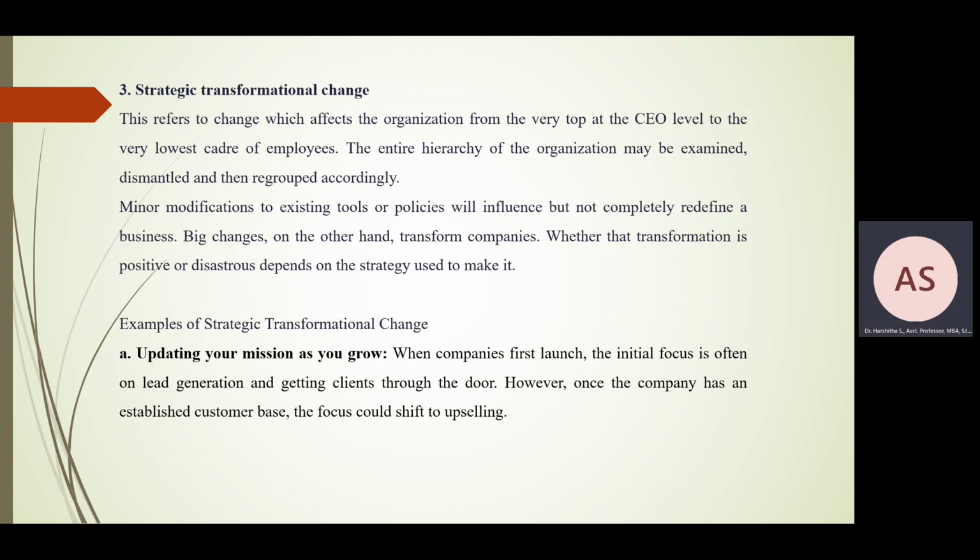Again, the entire hierarchy of the organization may be examined, dismantled, and then regrouped according to the circumstances of the organization. Minor modifications to existing tools or policies will influence but not completely redefine a business. Big changes, on the other hand, transform companies. Whether that transformation is positive or disastrous depends on the strategy which is used to make it.